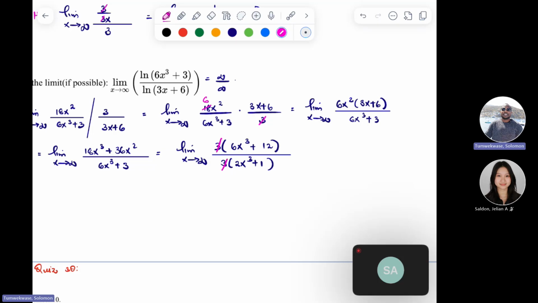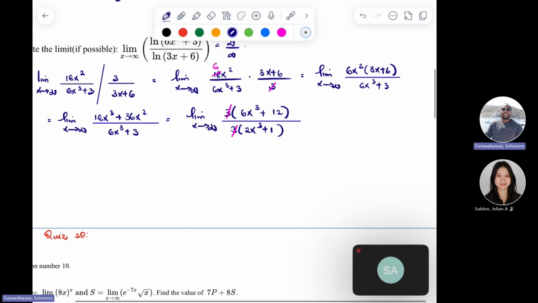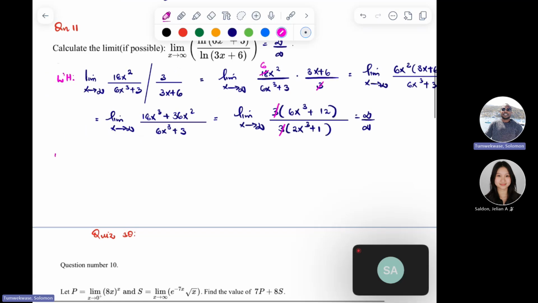Okay. Now, when I take this limit, once again I still have infinity over infinity, and therefore I'm going to take L'Hopital's for the second time. This will be the limit as x approaches infinity.